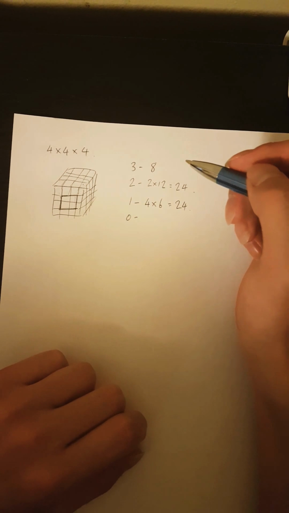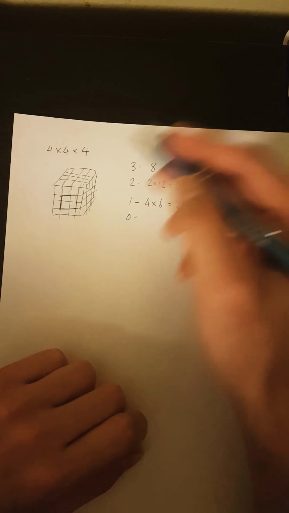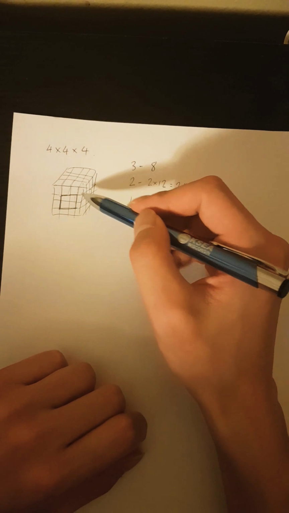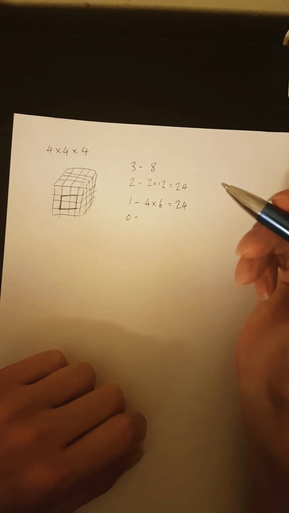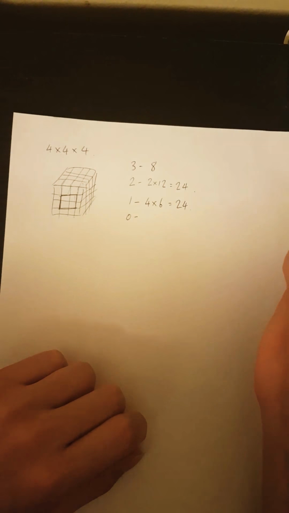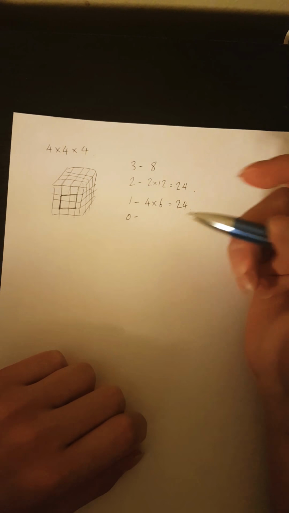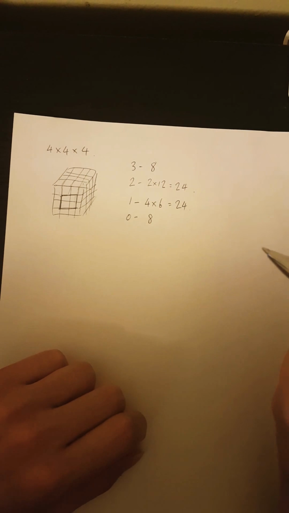How many cubes don't have any faces that are colored? It's basically the same as how many cubes are hiding inside of this 4x4x4. And you can see that it's actually going to be this little 2x2x2 cube. So if it's 2x2x2, you can just multiply them all out, and then you can see that the number turns out to be 8.